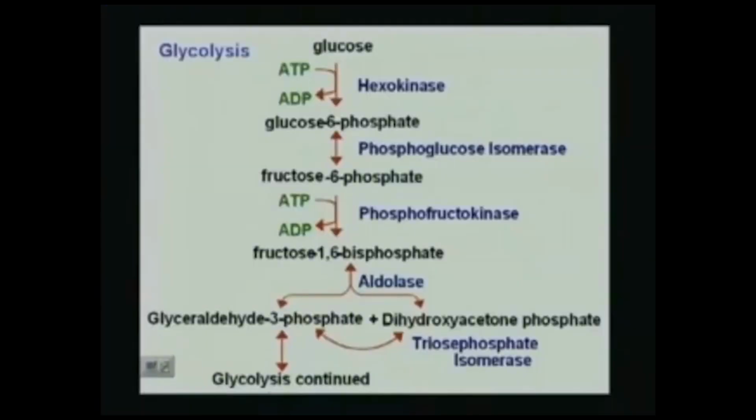Okay. So if we look at the features of hexokinase, this enzyme is inhibited by its product. Biochemically that makes absolute sense, because if hexokinase is inhibited by glucose 6-phosphate, then what is it going to do?